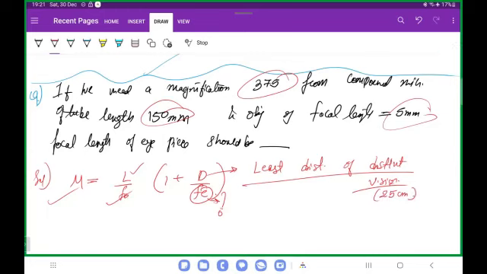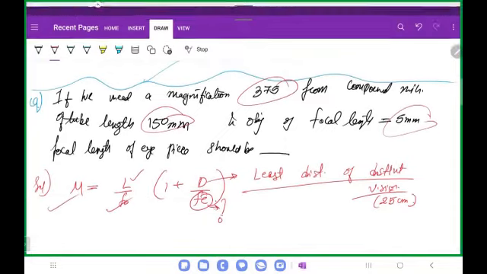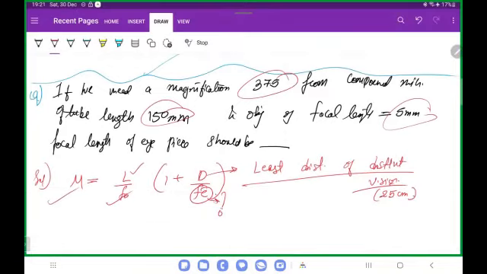The minimum distance at which the human eye can see clearly is 25 centimeter. Remember we studied in 10th standard? And what is the maximum value we can see? It's infinity. Got it? Then find f_e here. Come on.